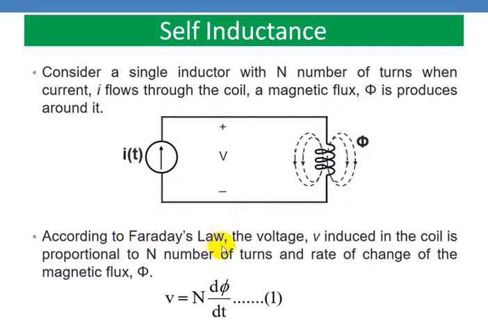According to Faraday's law, the voltage induced in the coil is proportional to the number of turns and the rate of change of magnetic flux. That is, V, the induced voltage, will be equal to N into d phi by dt.